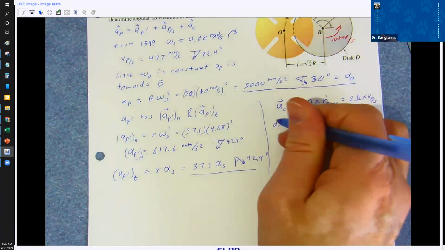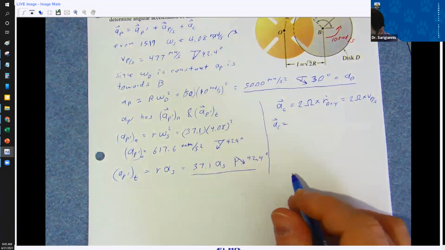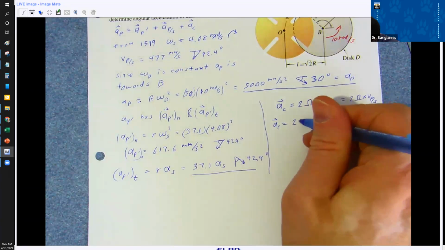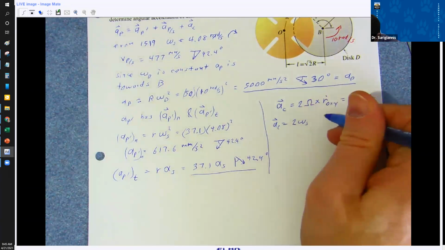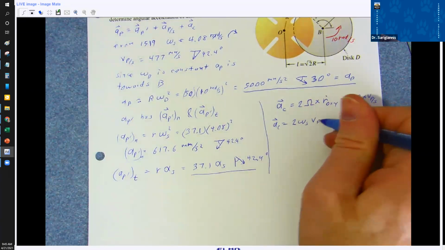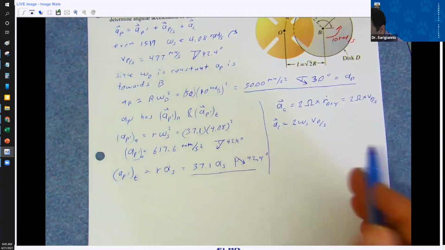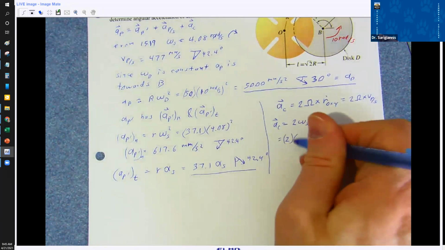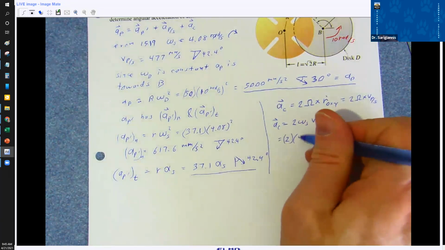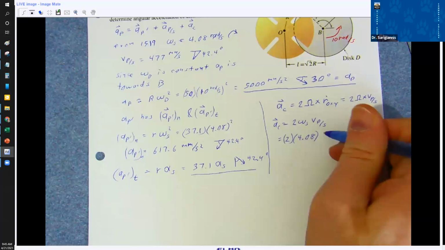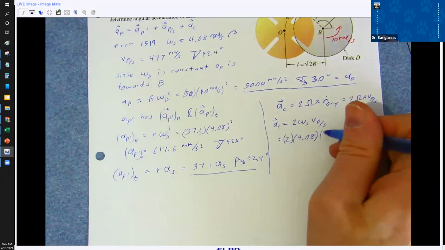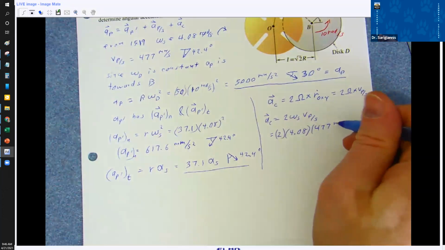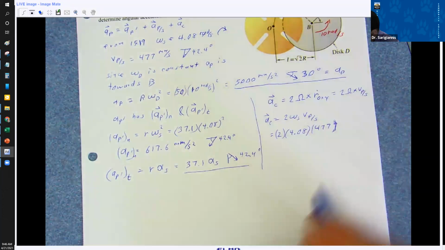So A of C is equal to, we're going to just write this as 2 omega S VPS. In terms of the magnitude, this is going to equal 2 times 4.08 radians per second times the 477 up here millimeters per second.